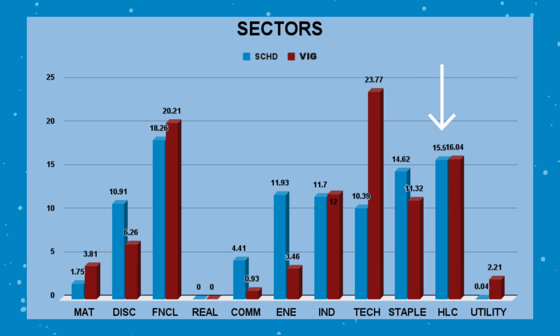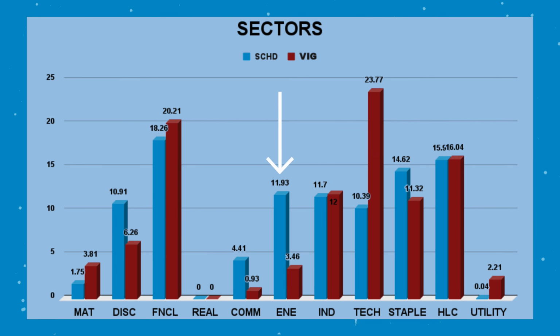Healthcare is the second largest sector at 15.99%, followed by consumer staples at 14.62% and industrials at 11.7%, which rounds out its defensive positioning. SCHD also leans into energy at 11.93%, with notable exposure to oil and gas companies known for strong dividend payouts.